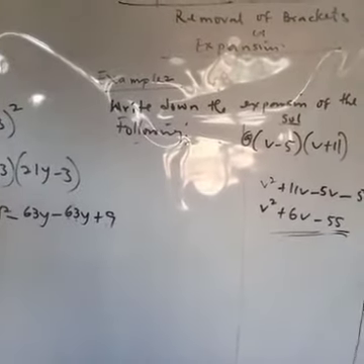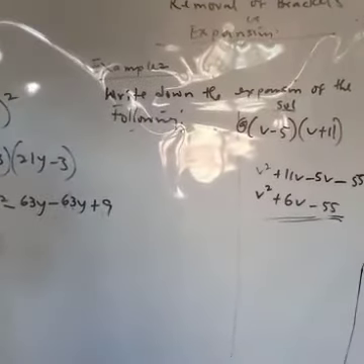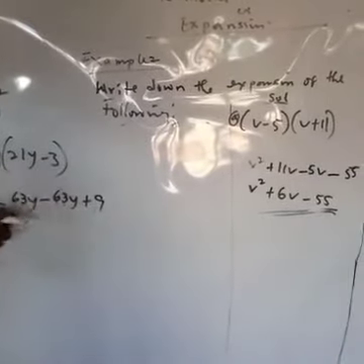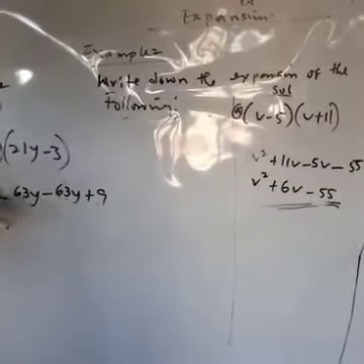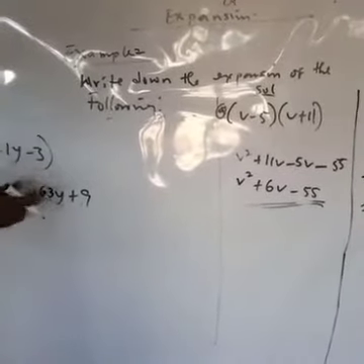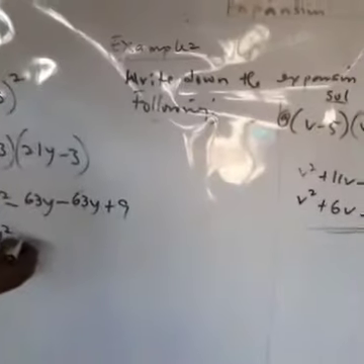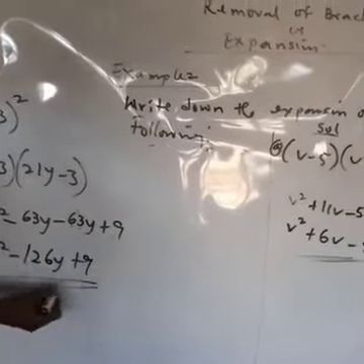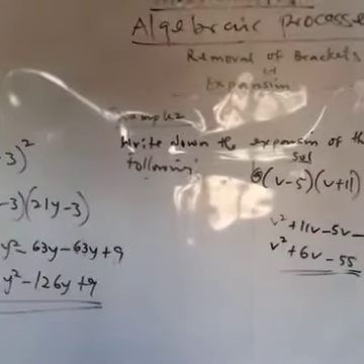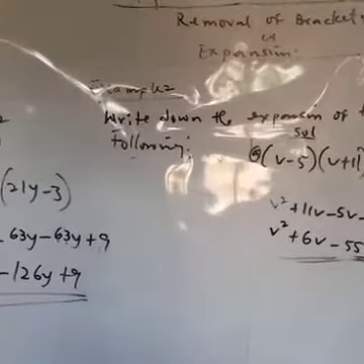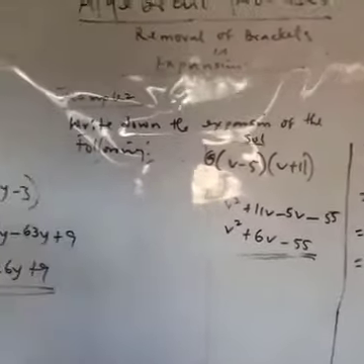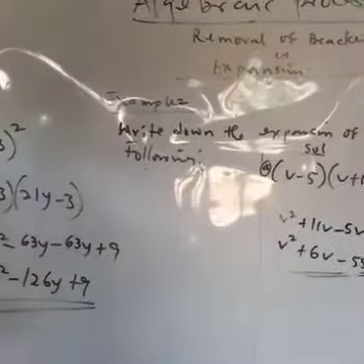So from here we have 441y squared. As you can see, these are similar, so we can add them. Minus 63y minus 63y is minus 126y, plus 9. So that becomes your final answer for C.